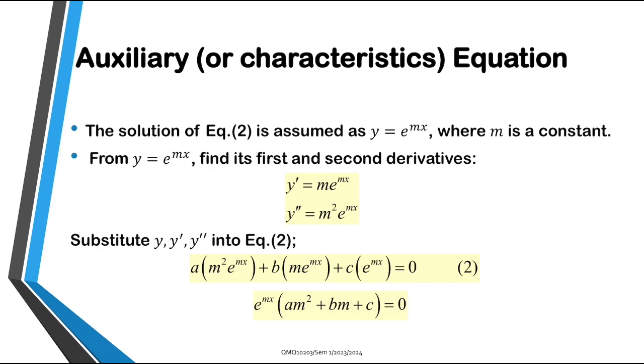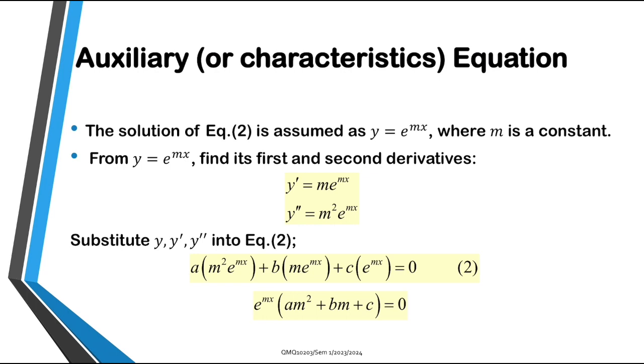Now this becomes a times y double prime, which is m squared e to the mx, plus b times y prime, which is m e to the mx, plus c times y, which is e to the mx, and this equals 0.